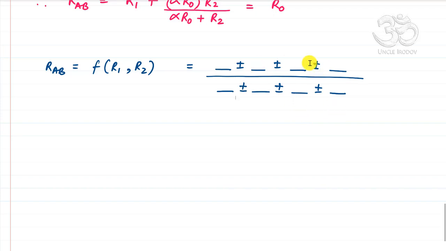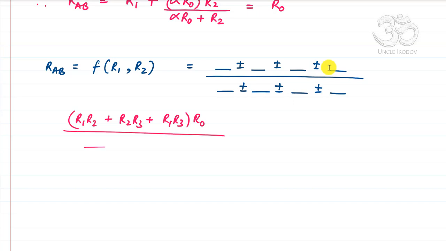Now some people will argue that sometimes we have terms in multiplication in the numerator. So in some cases what we have is R1 R2 plus R2 R3 plus R1 R3 multiplied by some kind of R0 and by something, so we get equivalent expressions like this.